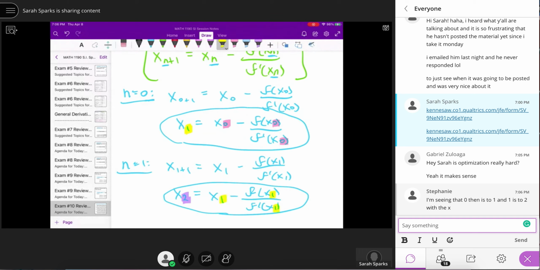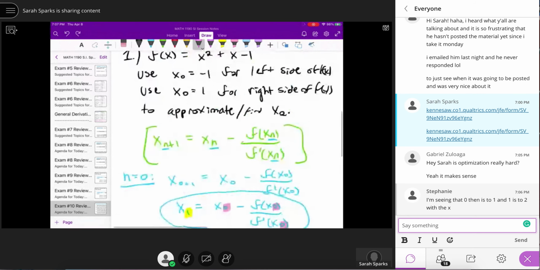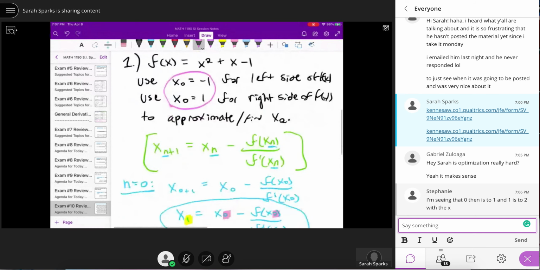So these two look exactly the same, but we're using a value that we already know, right? In this problem, we're given two different x naughts, and I guess we'll just circle them like that.